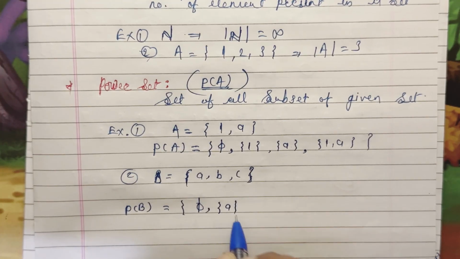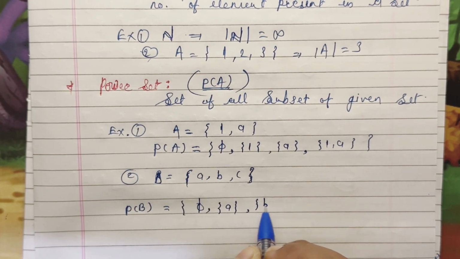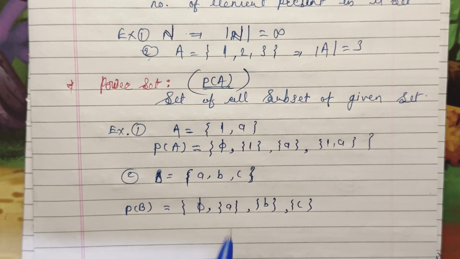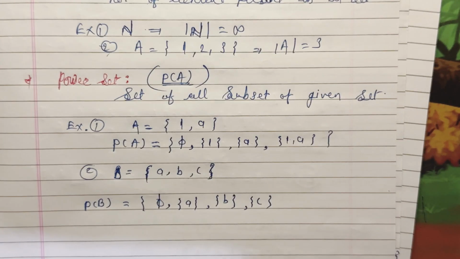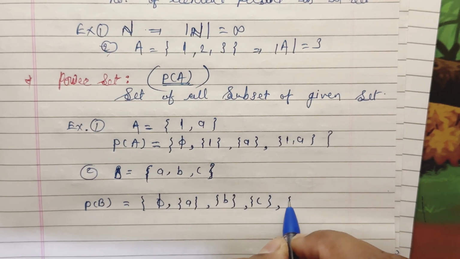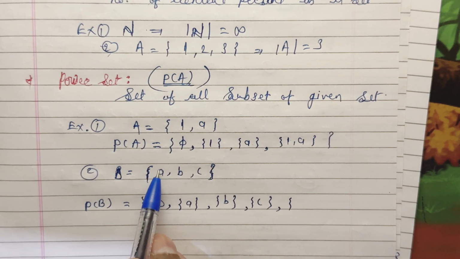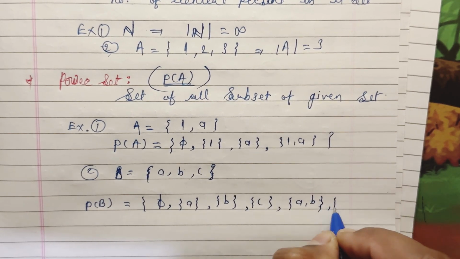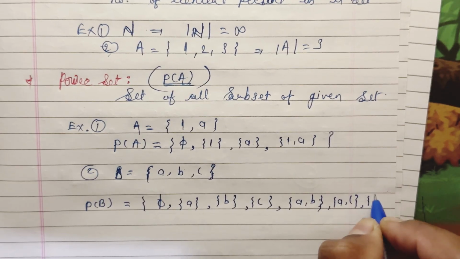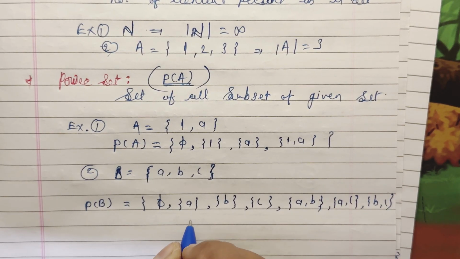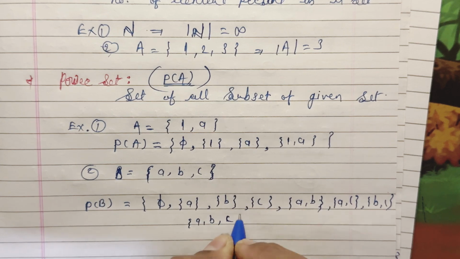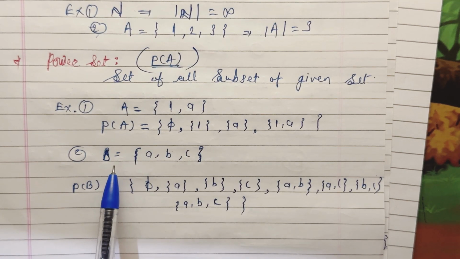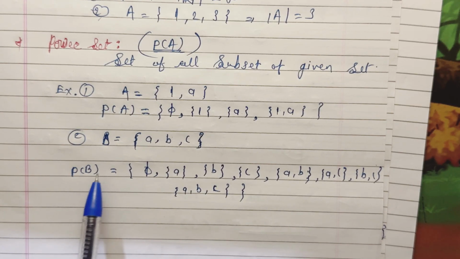Singleton {a} is also a subset of B, singleton {b} is a subset of B, singleton {c} is also a subset of B. Now we can see the pairs: {a, b}, {a, c}, {b, c}, and last {a, b, c}. You can see that all these elements are subsets of set B. That's why we call P(B) the power set of B.